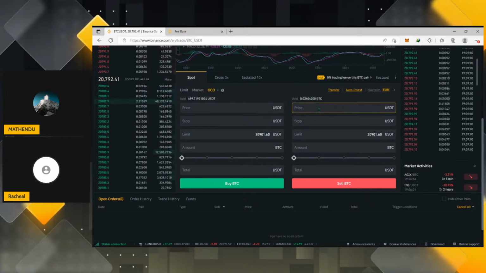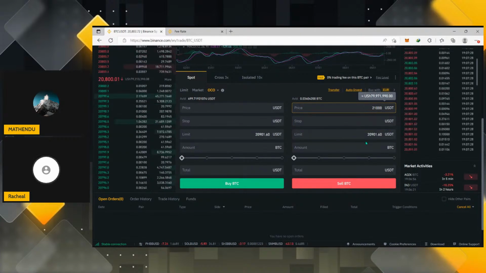A day trader or scalp traders, they trade on the 1 minute, 2 minute chart. So if I say maybe if it goes back to 21,000, I would want to sell. So this first one is a limit order. That would mean that if it goes to 21,000, I want it to sell.